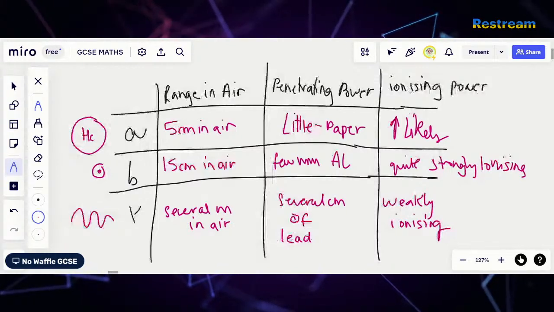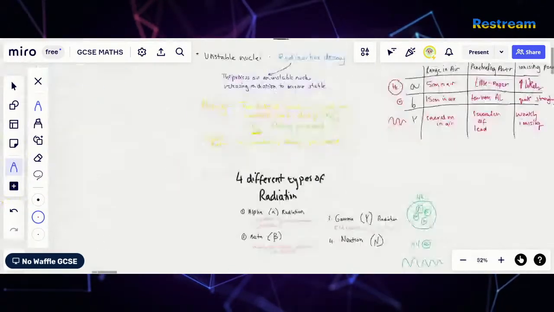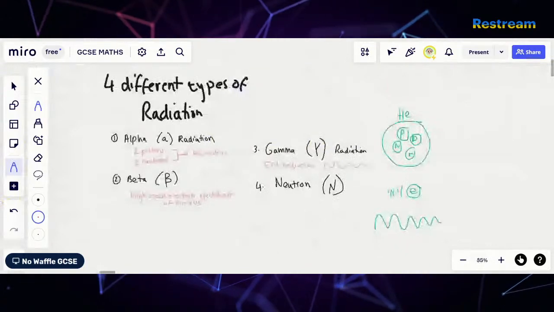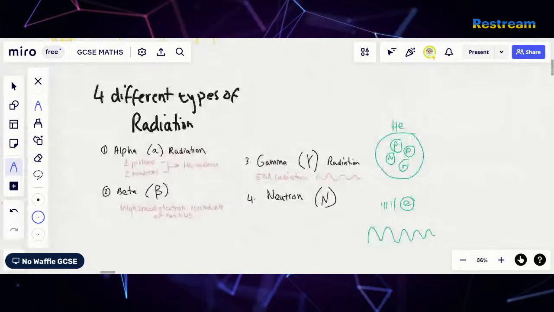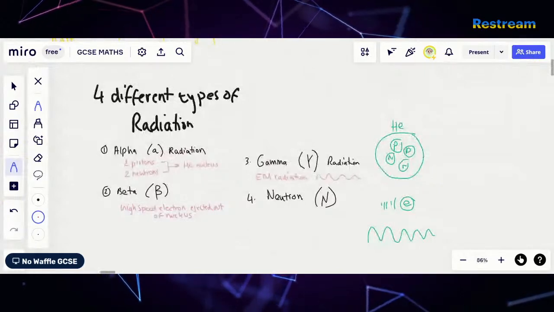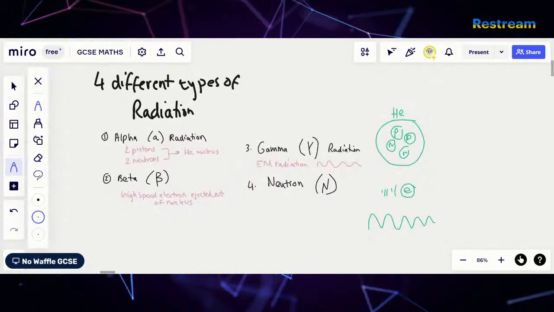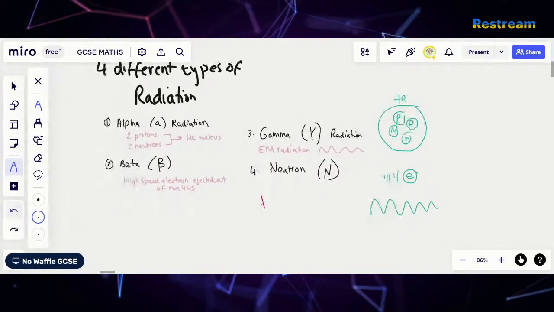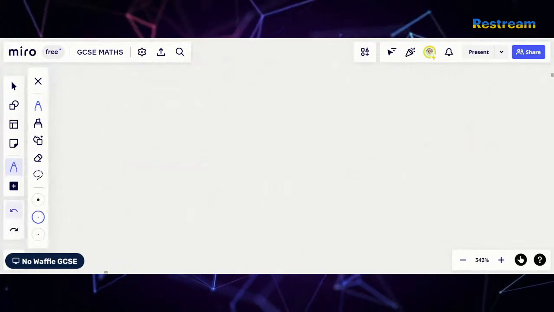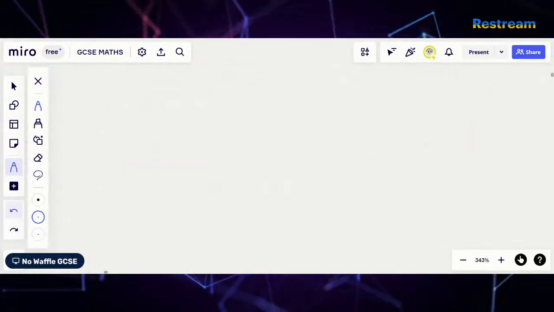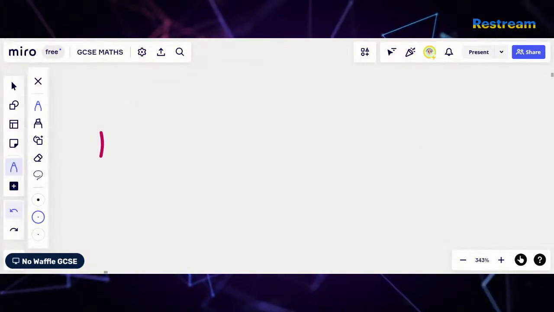Now, knowing these facts and knowing what alpha radiation and beta radiation are composed of, being 2 protons, 2 neutrons, and 1 electron, you will be asked about nuclear equations. This is when you just have to predict what radiation is going to happen to something and what it will produce. So let's start with alpha.